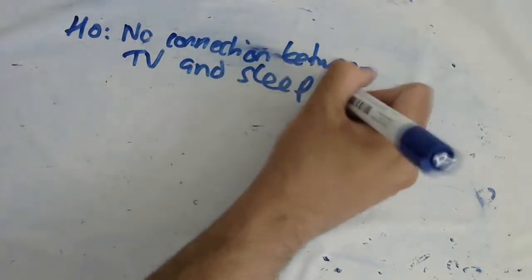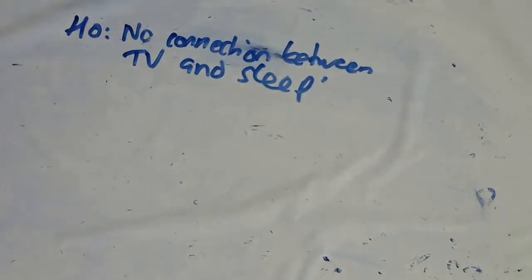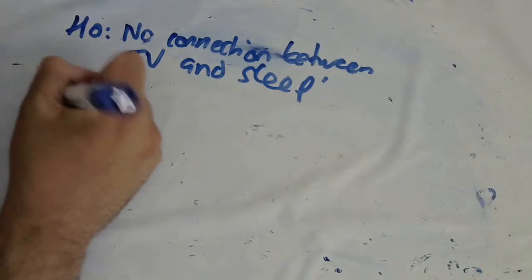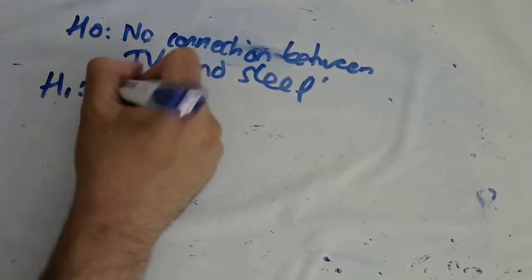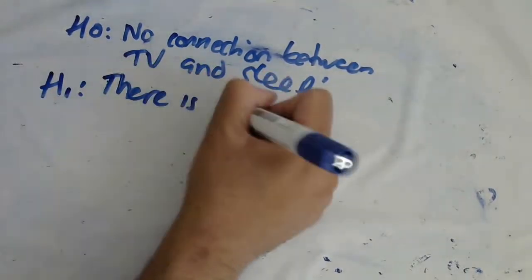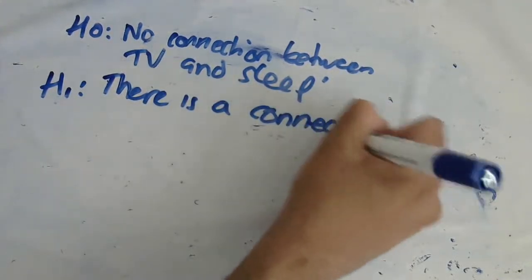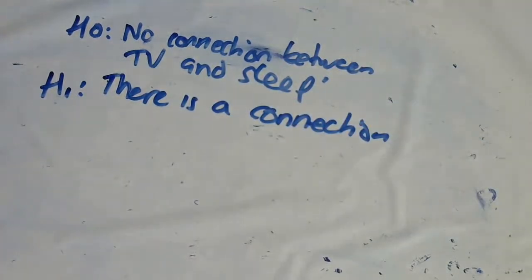Basically, is there a difference between when you watch TV just before you go to sleep and not? Does that affect how good your sleep is? And H1 is there is a connection. I'm sure you know where they're going with this, in that they're expecting you to think that if you watch less TV before you sleep, that'll be better.